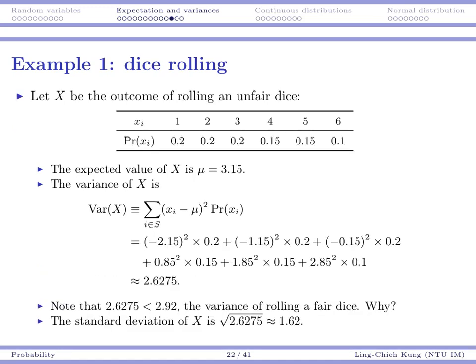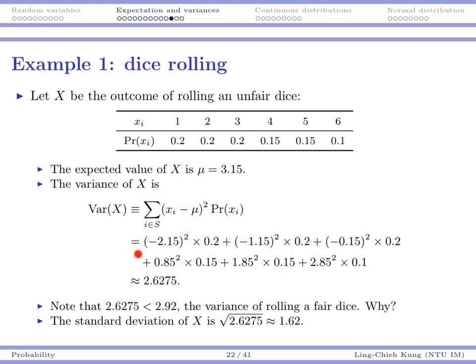We know that we have another dice which is unfair, and the probabilities for small values to occur are higher. The expected value we know is 3.15. Now let's consider the variance. Again, we can use the formula and take each value 1, 2, 3, 4, 5, 6 and subtract mu from that.